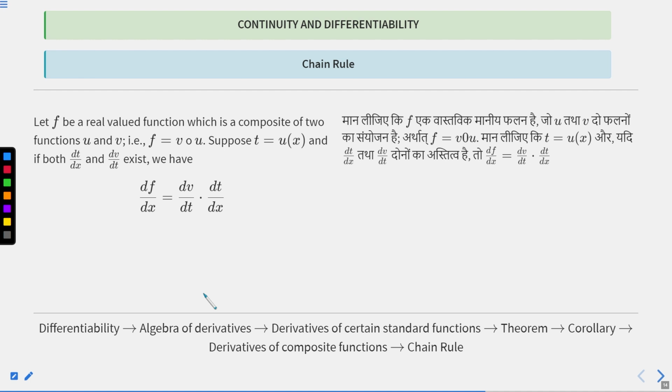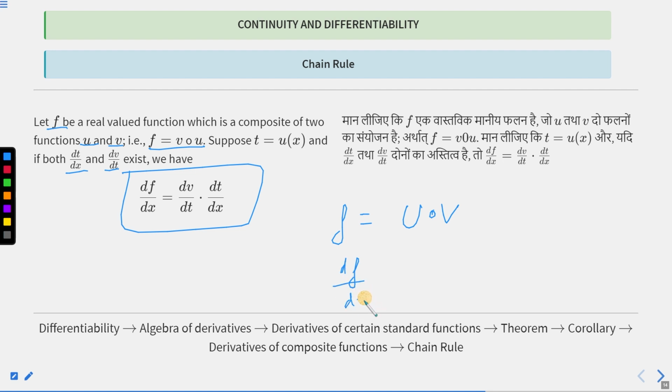Now the chain rule, the important thing. Let f be a real valued function which is a composite of two functions u and v, like this. Suppose t is equal to this thing. If both derivatives exist, then we have this. This means if f is a composition of u and v, then df by dx will be dv by dt multiplied with dt by dx.